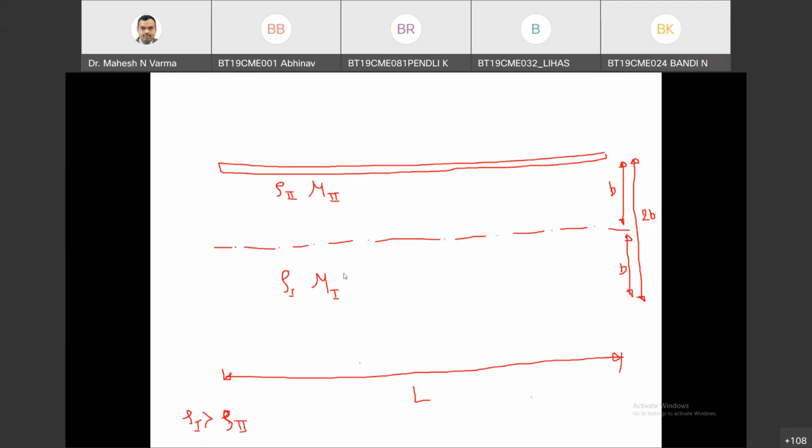How about water and oil? Water density is 1, oil density is 0.8, and which is more viscous? So oil is more viscous. So can you justify from this?